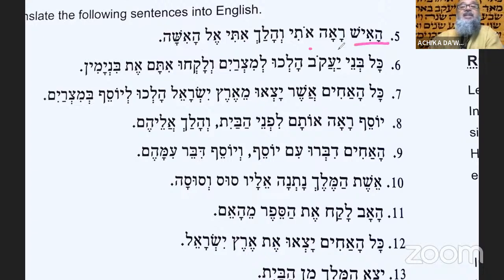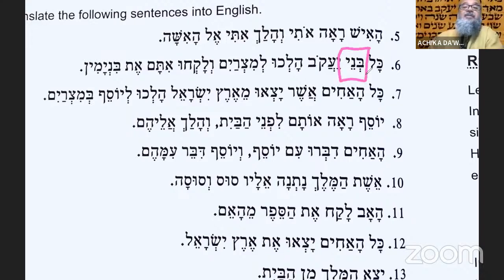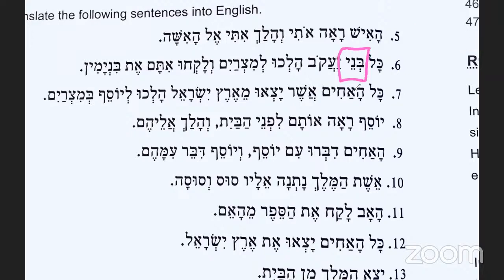So the man saw, and he walked, and he went with me to the woman. Okay. If I'm going to make a call, then what am I talking about in Hebrew? All. So all of the, what is that? B'nai. Yeah. And these 2 dots in the yod mean?